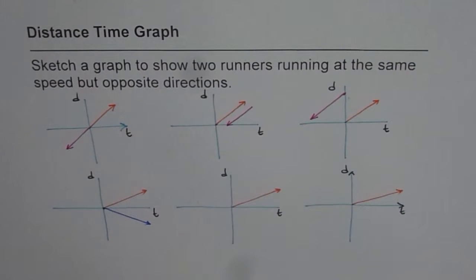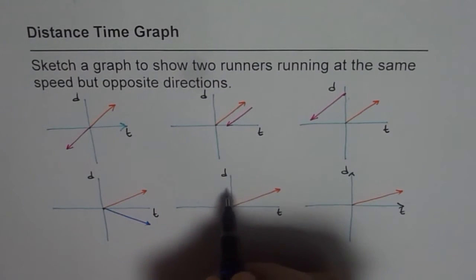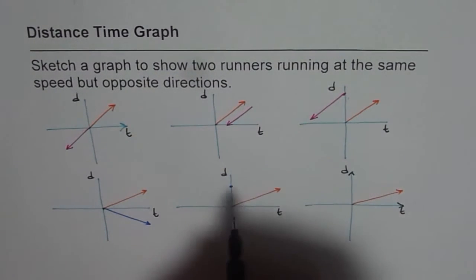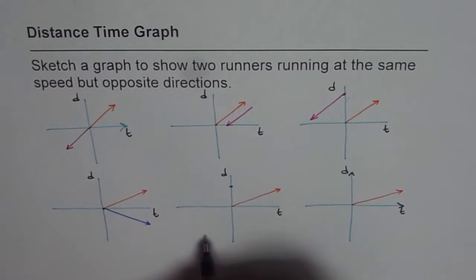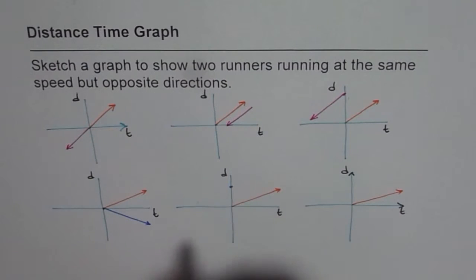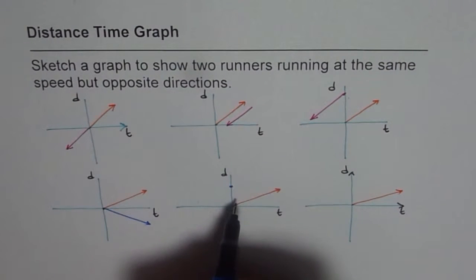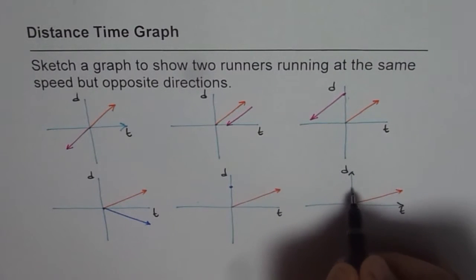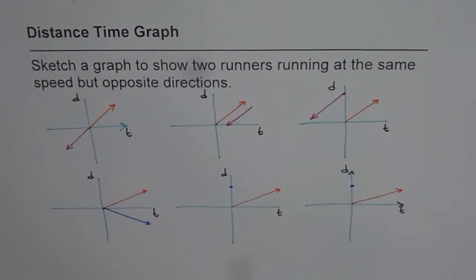Think about it. Okay, now let us say the person is slightly away from the first runner, and now this runner has to run with the same speed in opposite direction. Then what kind of graph could be correct? So let us say we'll try to draw two of them.